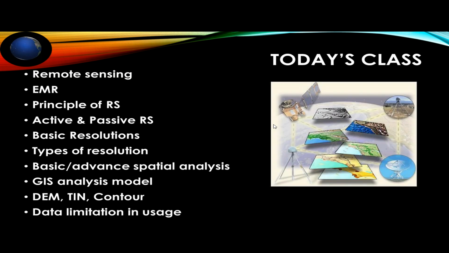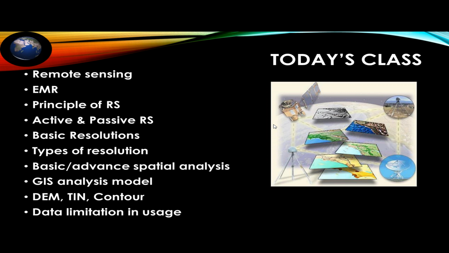So today's class will be on what is remote sensing, what is electromagnetic radiation, what are the principles associated with remote sensing, what are active and passive remote sensing, basic resolutions, types of resolution, the advanced and basic spatial analysis that can be done in GIS, the GIS models, and the DEM, TIN, and contour, what those things are, and the data limitations and uses in GIS.